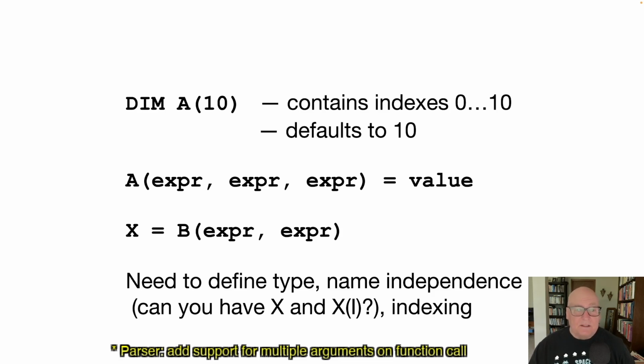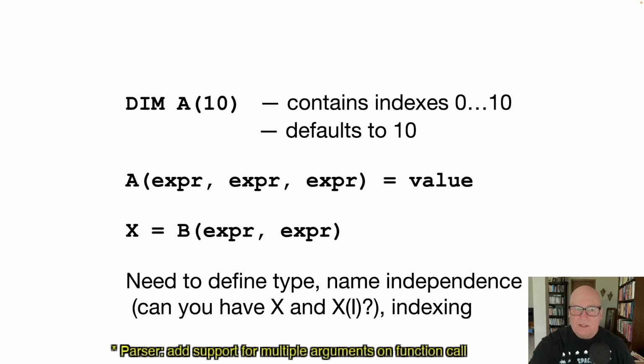Now, to make this all work, we're going to have to define a type. So we have it commented out somewhere in our type thing, but an array, I think the core thing for it is how many dimensions it has. So in terms of the type matching, if something works on an array of 1 dimension, we don't expect the same code to work on an array of 2 dimensions.